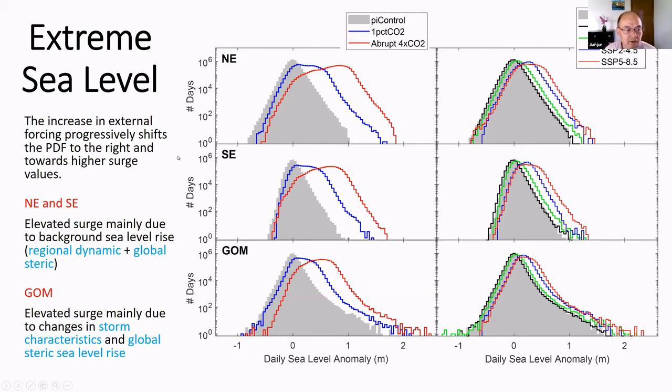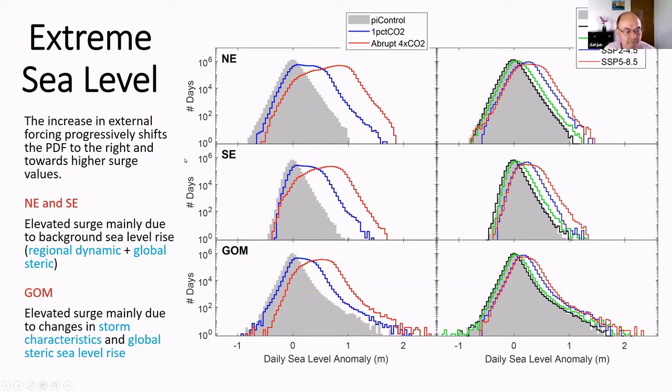So you see the increase in external forcing progressively shifts the PDF to the right and towards the higher surge values. So you see the progressive shift in the three regions: northeast, southeast, and the Gulf Coast.